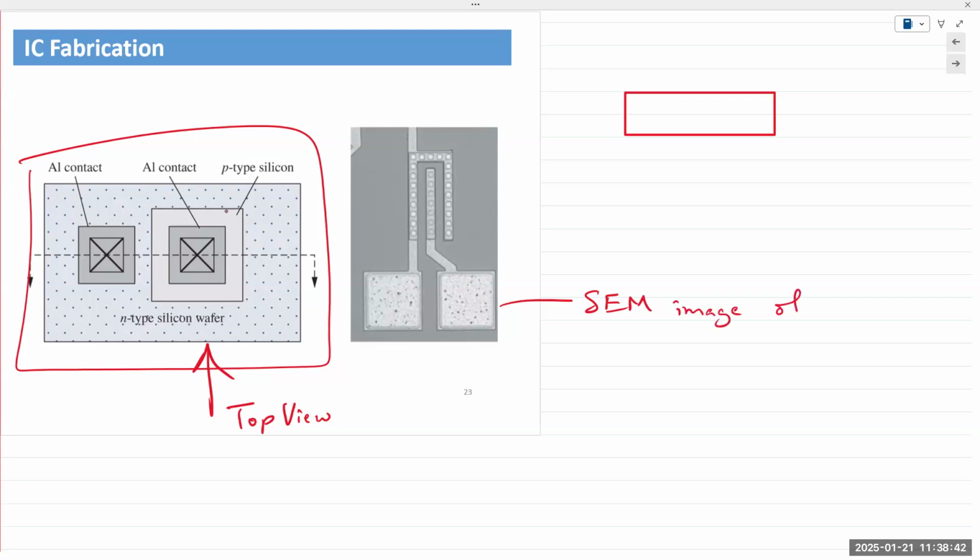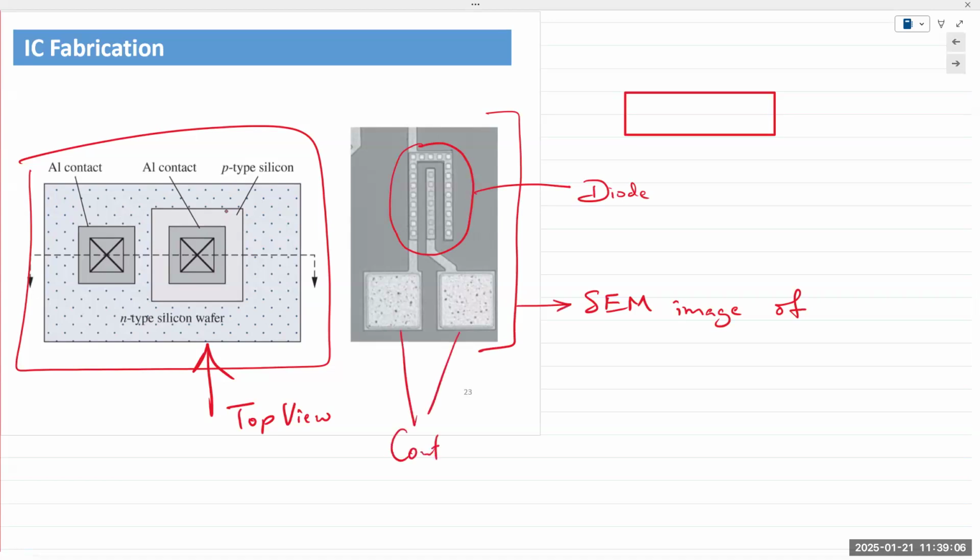An SEM image of two contact pads, and your device is right here. It seems like it's a diode. It could also be a resistor. These are just contact pads.